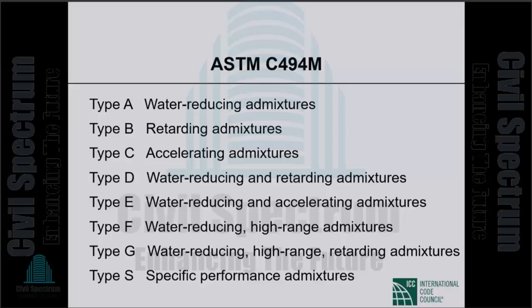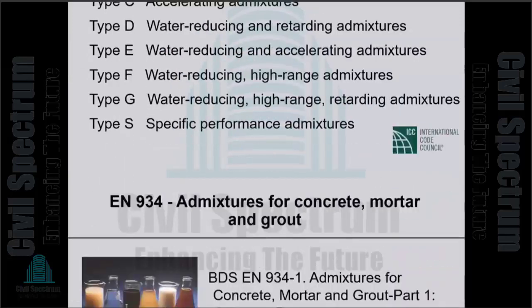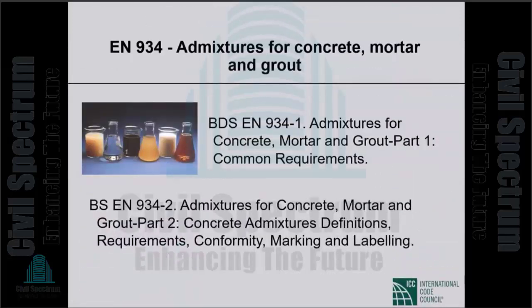There was a flowing, so it gives you kind of flowing concrete. Okay, so water reducing high range admixtures, water reducing high range retarding admixtures, and then specific performance admixtures. A, B, C, D, E, F, G, and S, various types of C494 admixtures used.